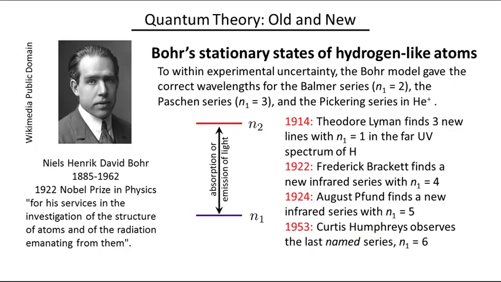Furthermore, there were other lines that were known at the time in the infrared, the so-called Paschen series, and Bohr also applied his model to helium plus, where you change the value of Z, and now you get predictions of where the lines of helium plus should be.